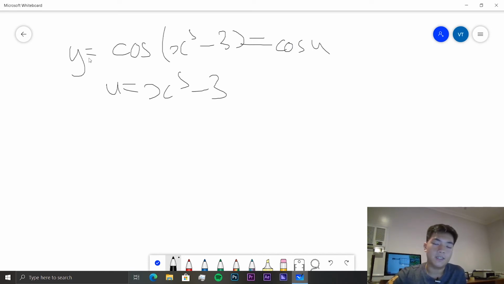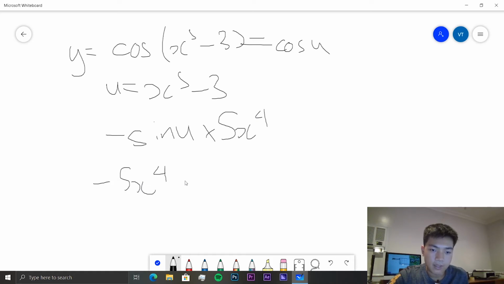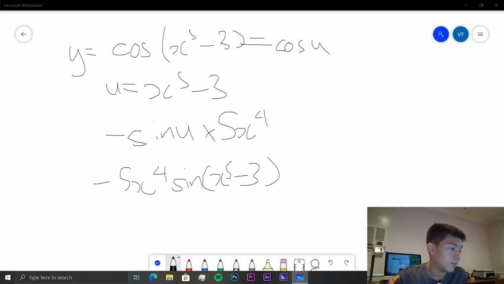What is the derivative of cosine u? It's simply negative sine u. What is the derivative of u with respect to x? That's 5x to the 4. So we get negative 5x to the 4 times sine u, which is sine of x to the 5th minus 3. So that is the derivative.